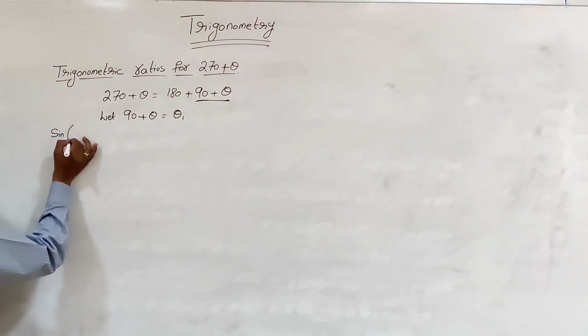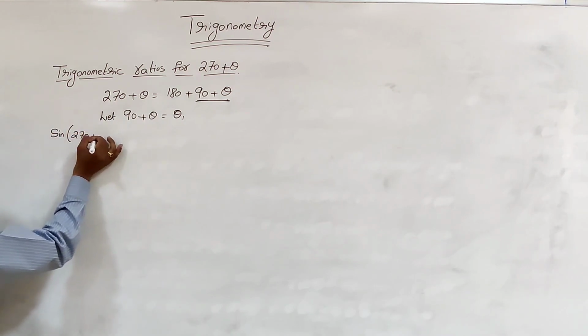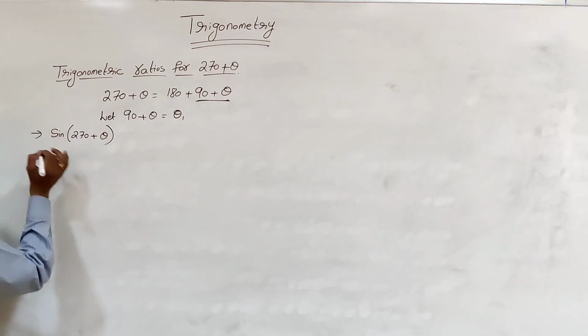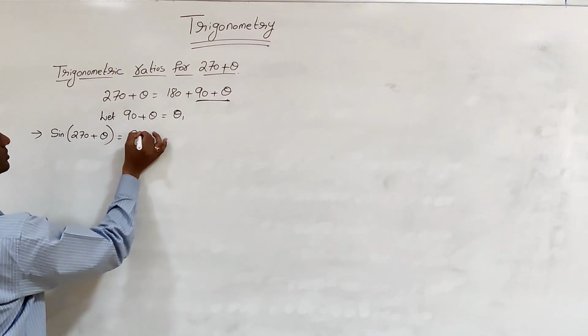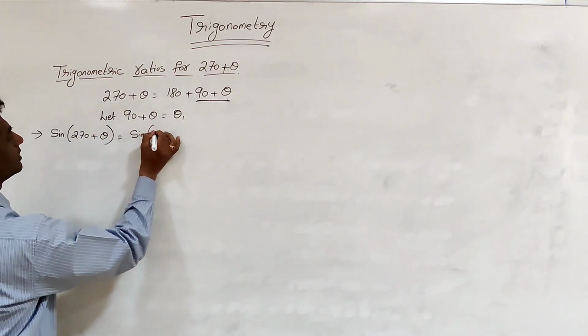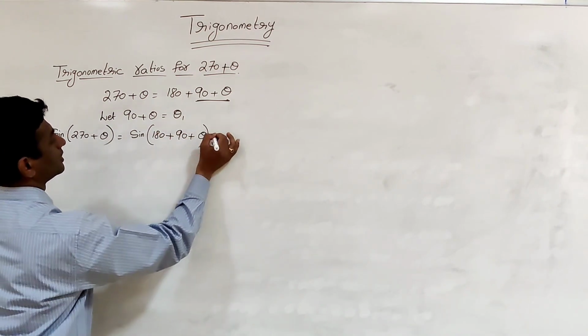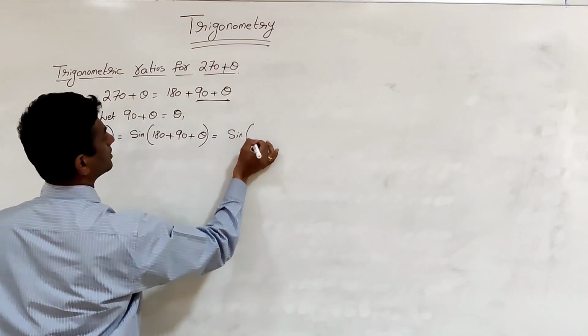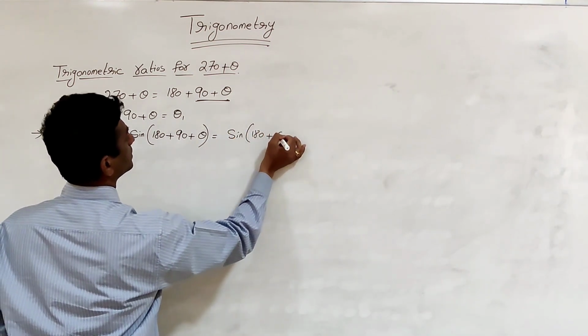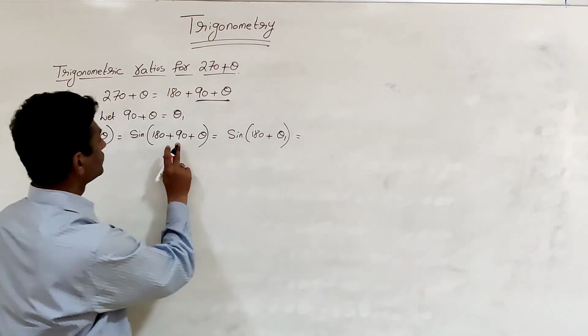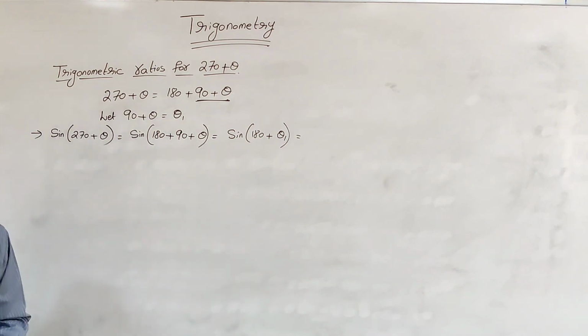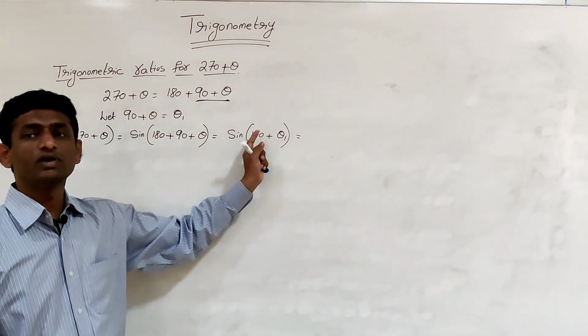Sine of 270 plus theta. That gives sine of 180 plus 90 plus theta. That is sine of 180 plus theta 1, as we have assumed that 90 plus theta is theta 1. Now it is in the form sine of 180 plus theta.